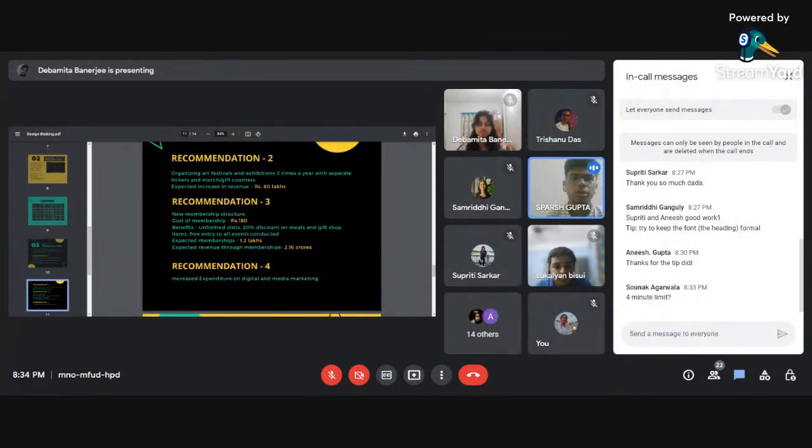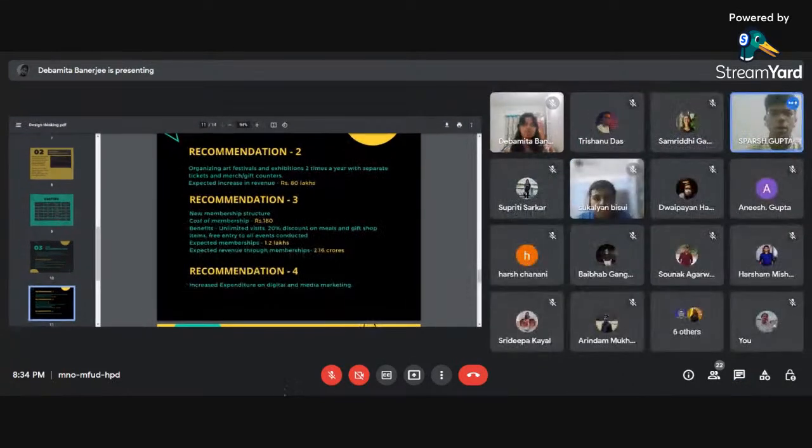Our third recommendation is a new membership structure where the membership cost remains the same, that is rupees 180, but we also give benefits like a 20% discount on food items and entry to all events conducted by them. That will increase our expected memberships to 1.2 lakhs, and it will generate a revenue of 2.16 CR.